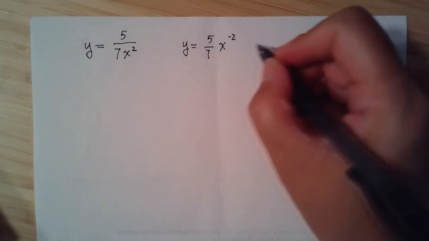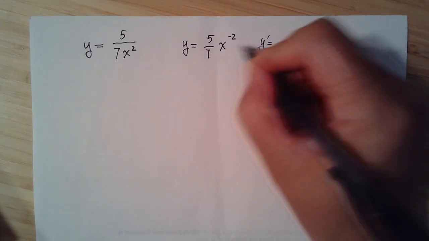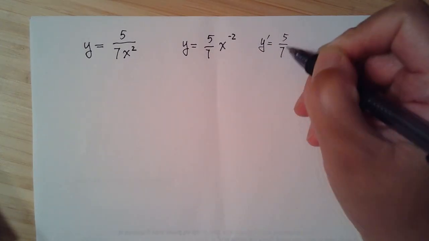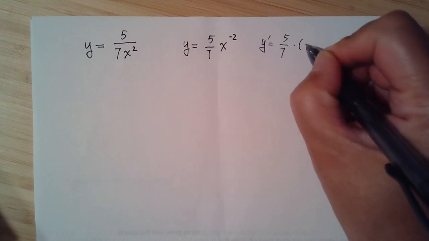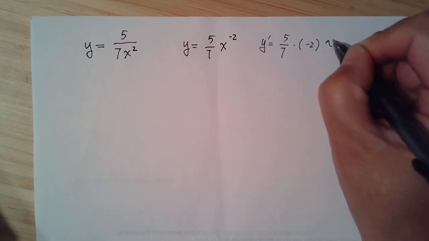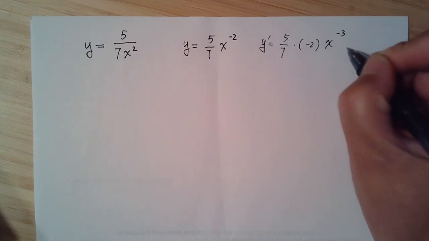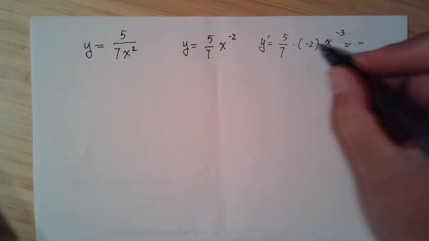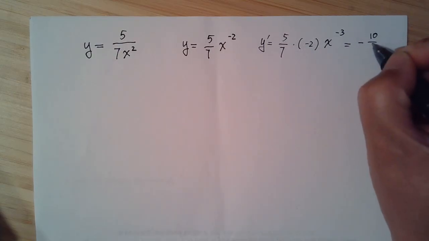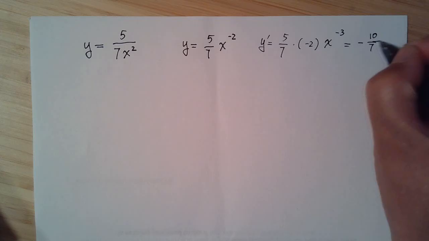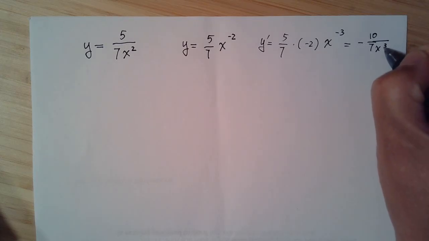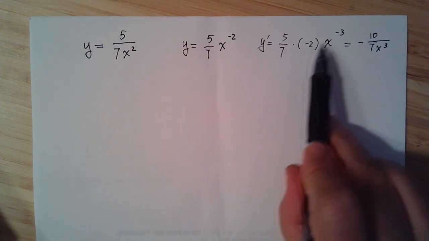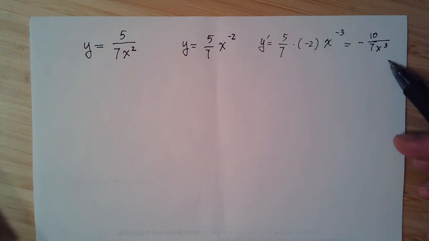You can do that, right? So y prime will be 5 over 7, that's the coefficient, it stays. And then we bring the negative 2 here, and then we have x to the negative 3. Reduce that. So we have negative 2 times 5, which is 10 over 7, and then x to the third at the denominator, because it shows negative 3, so we bring that down.